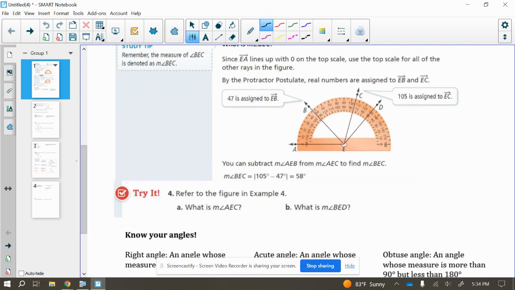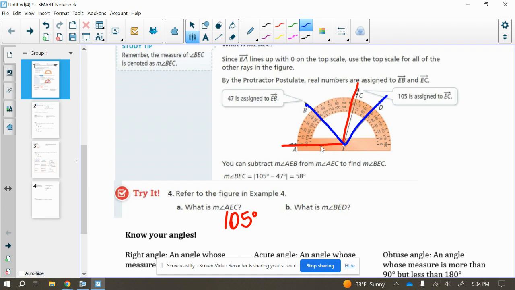So another angle, and again, I like to trace these out. If I look at AEC, again, that was 105. And then BED, this angle here, isn't directly on our starting point, but we can add, because we know certain pieces.